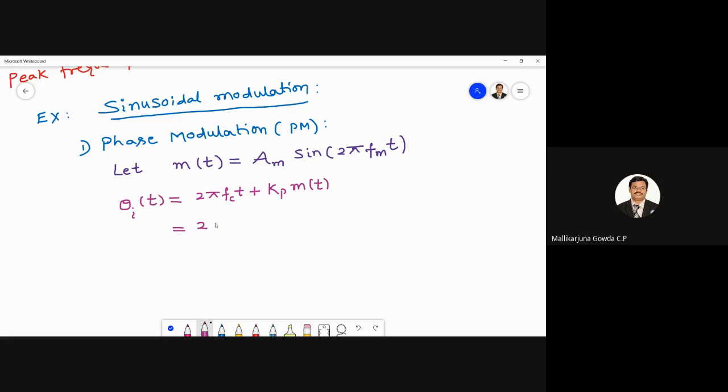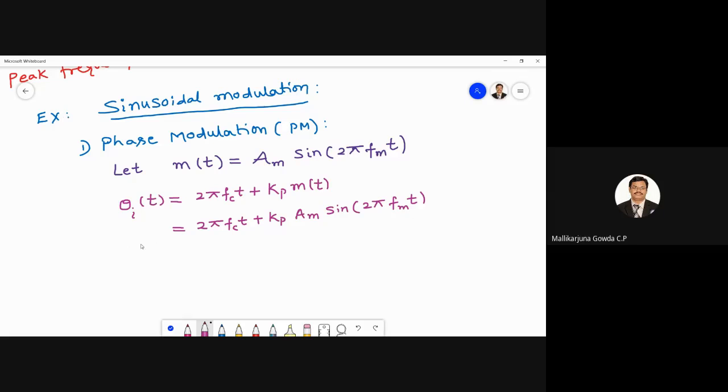Yes, Manjunath, can you say what is the equation after the substitution? Kp into Am sine of 2 pi fm t.